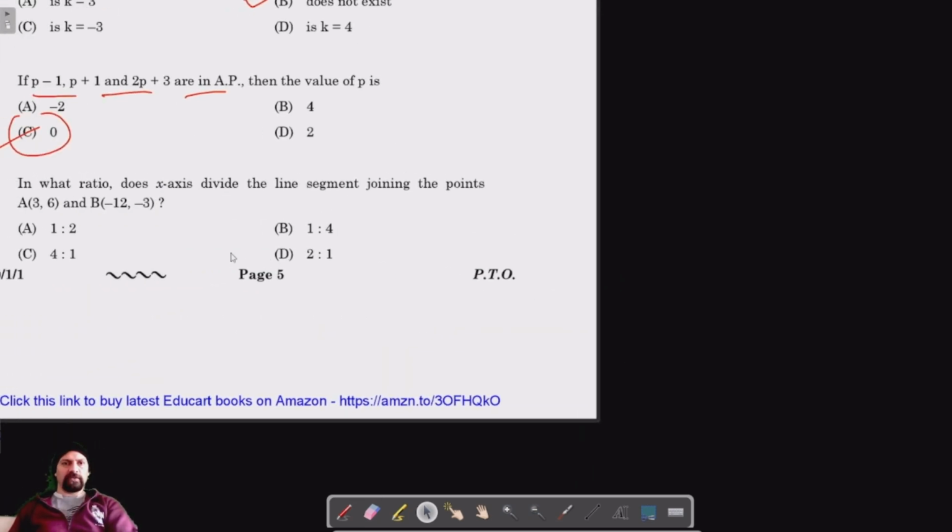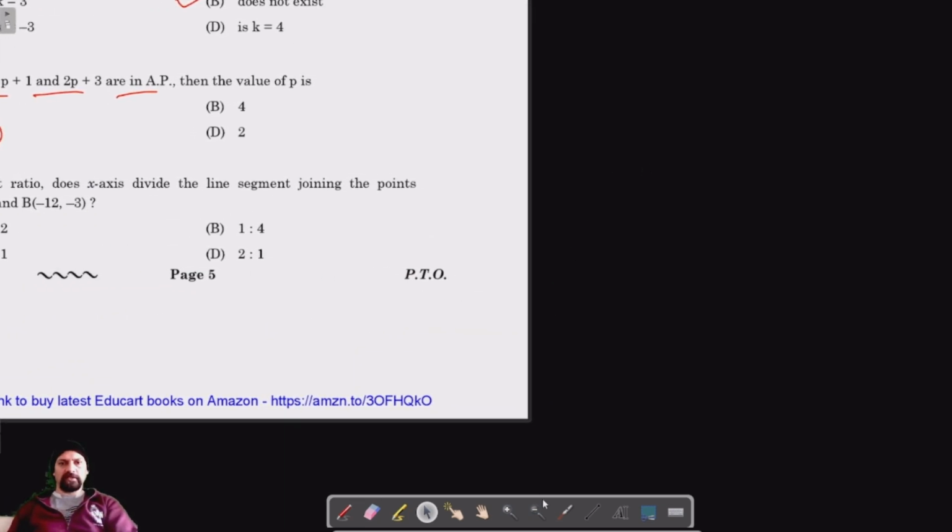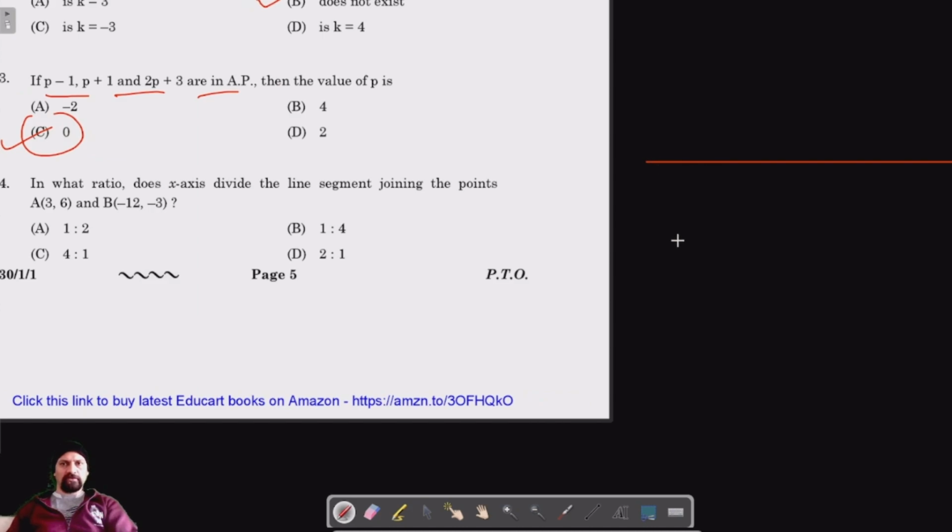So let's try to get a rough sketch for this. Let's say this is the x-axis and it's dividing the line segment joining the points. Let's say we have this point A here, 3 comma 6, and B is minus 12 comma minus 3.